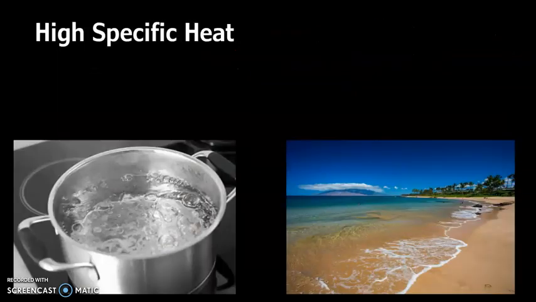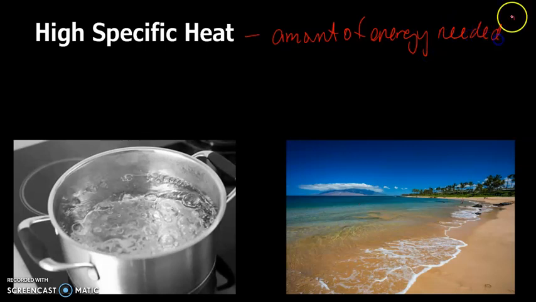Another really nifty property of water is that it has a high specific heat, and specific heat is the amount of energy needed to raise the temperature of a material.